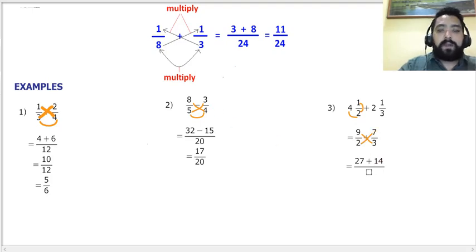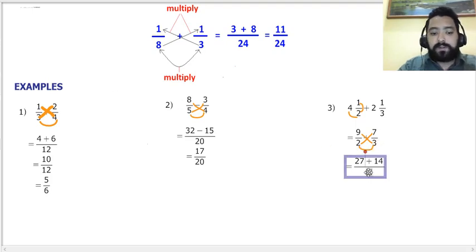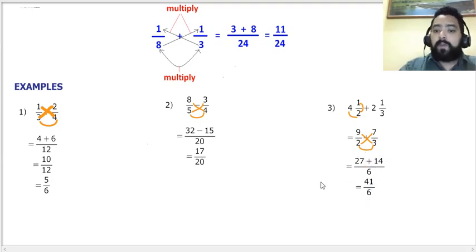And the smile at the end is going to be 2 times 3, that is going to be 6. So it's going to be 27 plus 14 over 6. Remember, we had to add these two numbers, so it's going to be 41 over 6. And here we have our answer with this fraction. In this case, we cannot simplify.